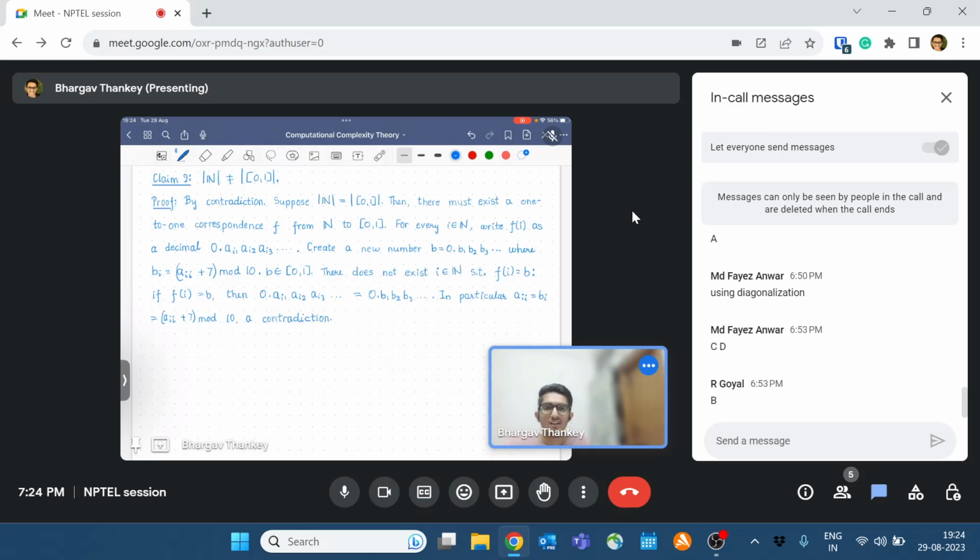So is it clear why there does not exist any i such that f(i) equals B? This is the crucial part of the argument.